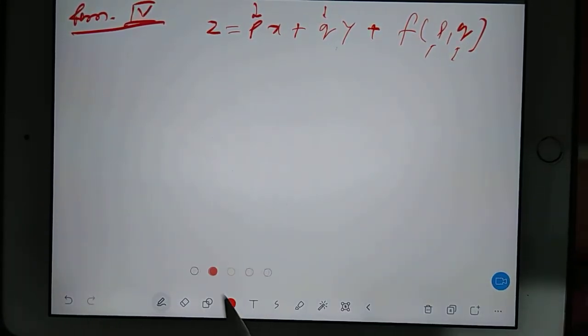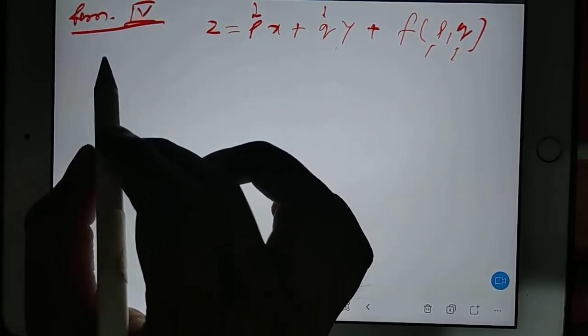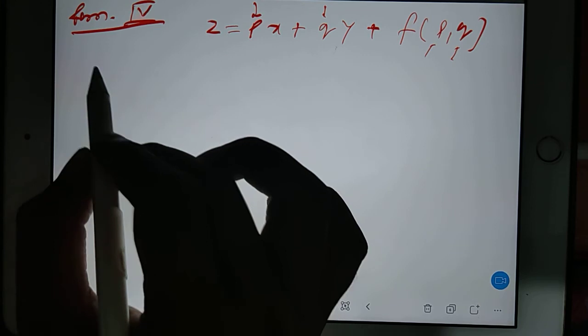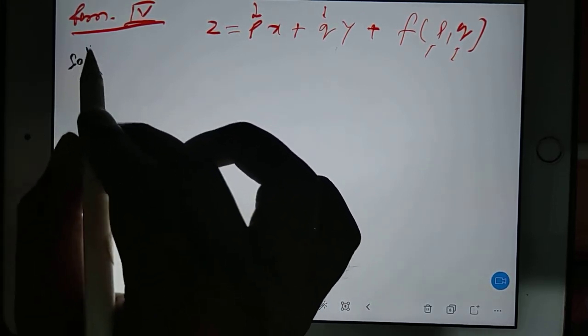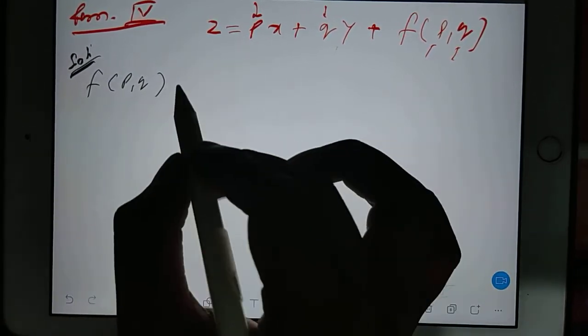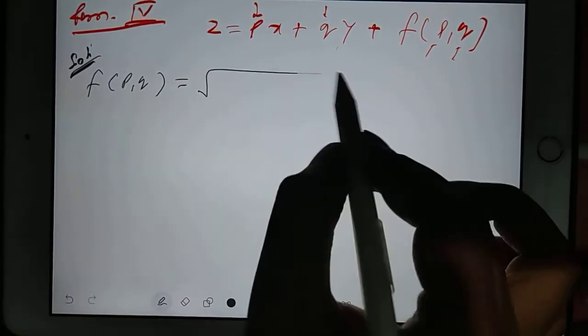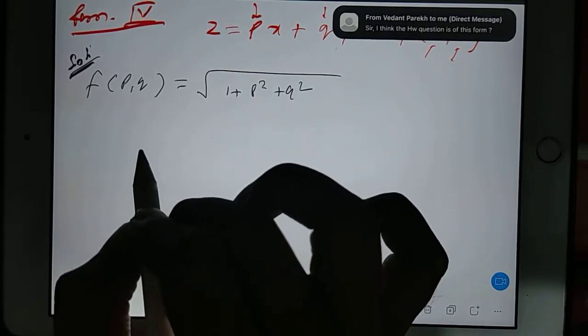So in this case, how will you solve the numerical? Now in solution I am giving the general format. Your function of p and q will be like 1 plus p square plus q square.